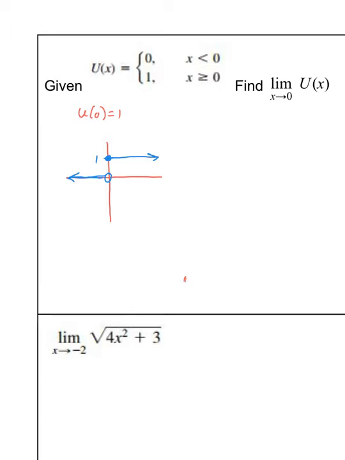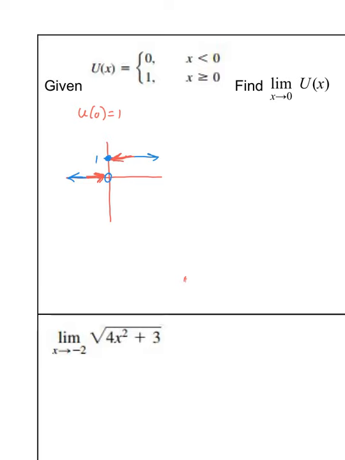So here's what's happening here. At x is 0, even though we can substitute 0 into this piecewise function and get an answer, if we are looking at the limit as x approaches 0, if I'm on this piece of the function, my y value is approaching 0. Whereas if I'm on this piece of the function, my y value would be approaching 1.